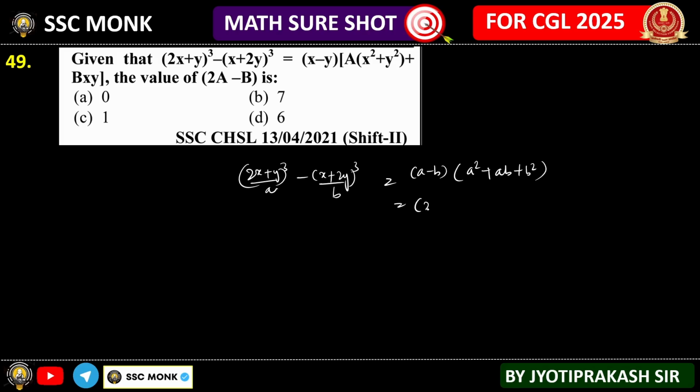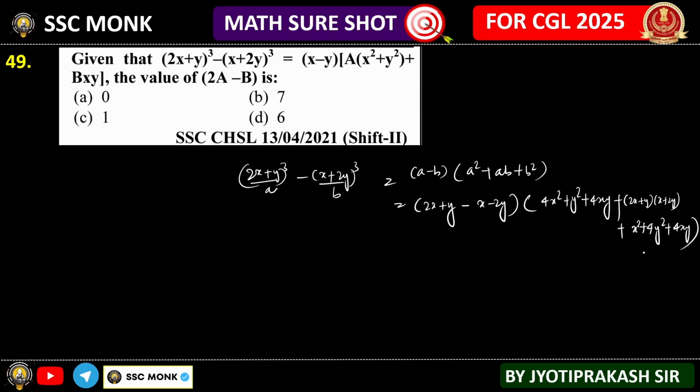So I can write (2x plus y minus x minus 2y) into (a square, that is 4x square plus y square plus 4xy, plus ab, that means 2x plus y into x plus 2y, plus b square, that means x square plus 4y square plus 4xy). Clear?